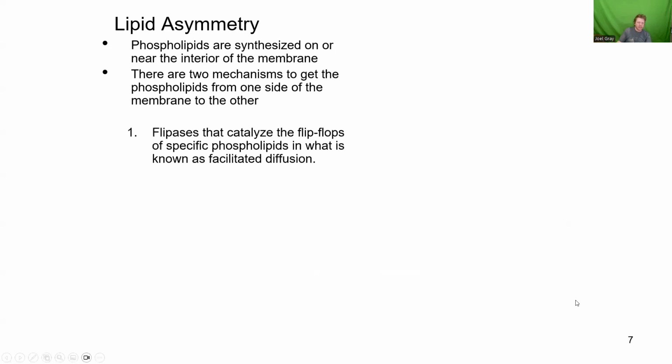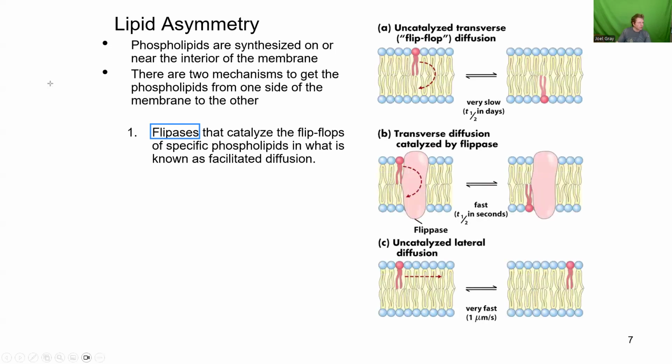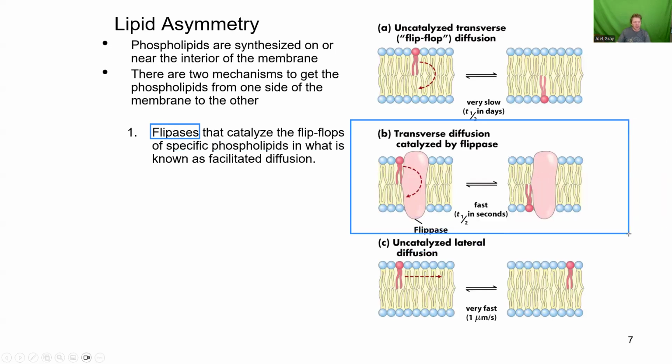One is to use an enzyme or a class of enzymes, which I just love this name, flipases. Flipases are enzymes that help move a lipid from one leaflet, the inner leaflet, to the outer leaflet. And here what we have in the middle is an example of a flipase in action.